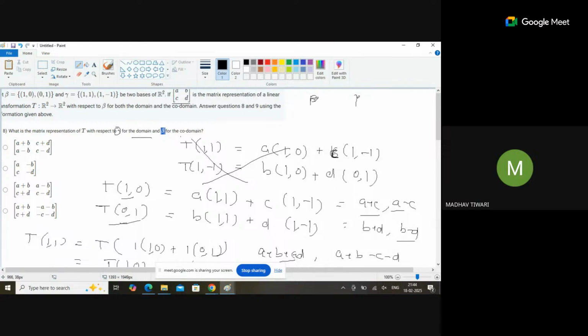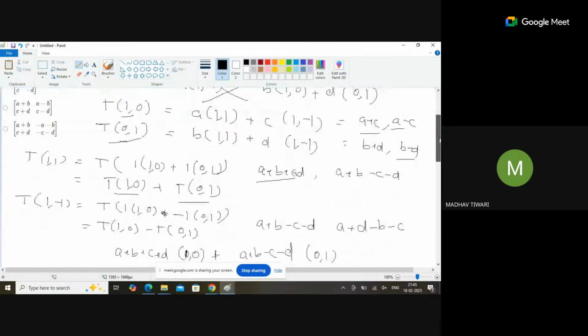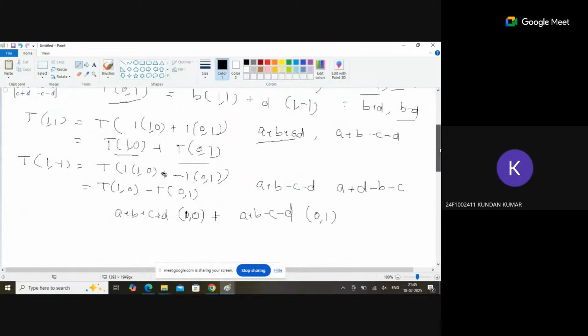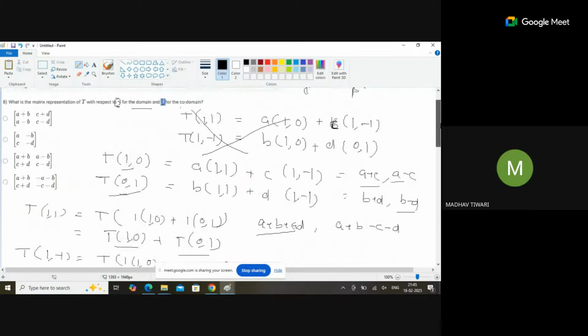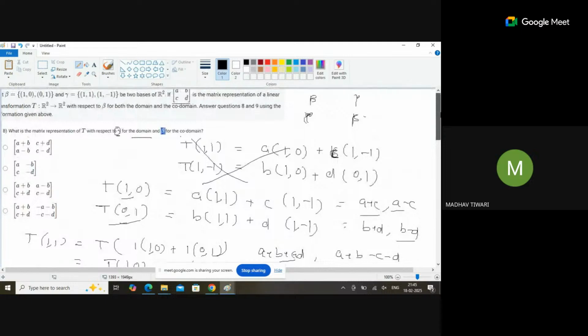I am using this. Now it is saying that use gamma as your basis for domain, and beta for codomain. Now write the matrix. It is saying that, so that's why I am doing it.